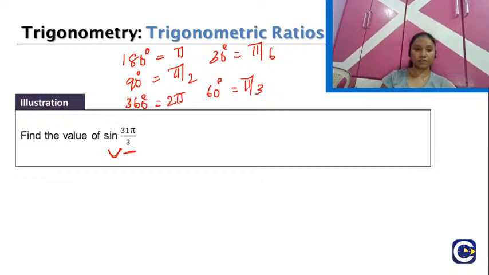Just give it a try. You can directly do it the same way we wrote 1710 in terms of multiples of 360. Even you can convert this in terms of multiples of pi.